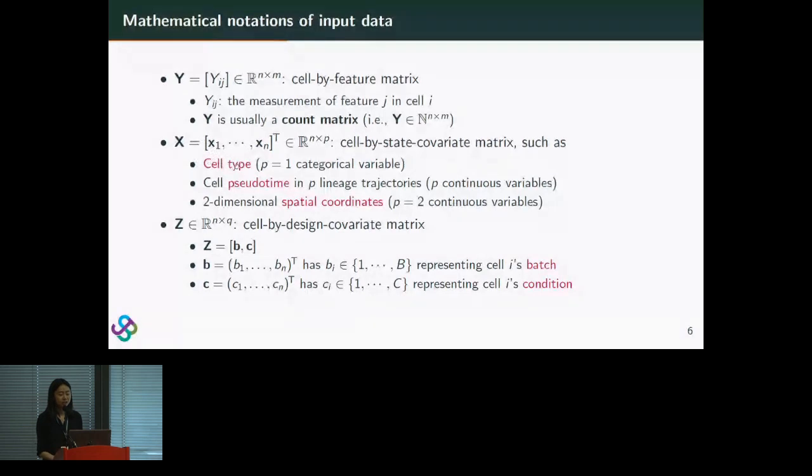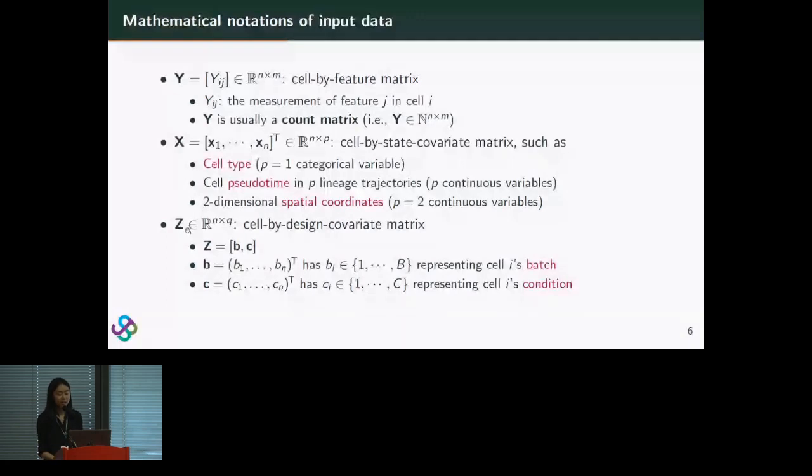They can be cell types, which gives just one dimension because cell type is a categorical variable, or it could be a cell pseudotime in P lineages. That means we will have P pseudotimes per cell, or it could be the two-dimensional spatial coordinates per cell. So we're interested in this covariate, how it's related to gene expression.